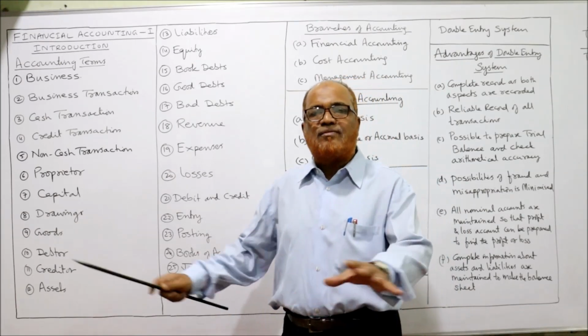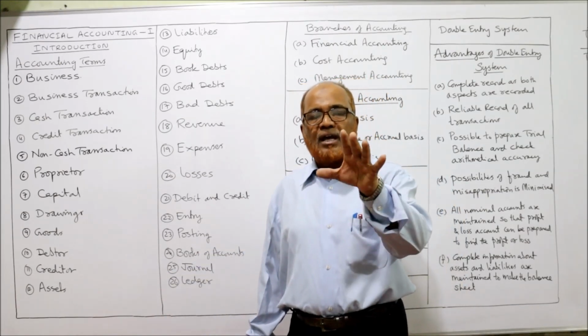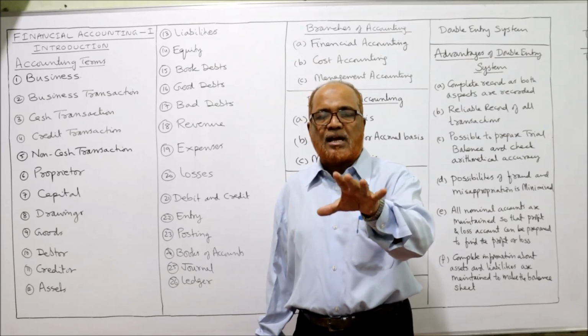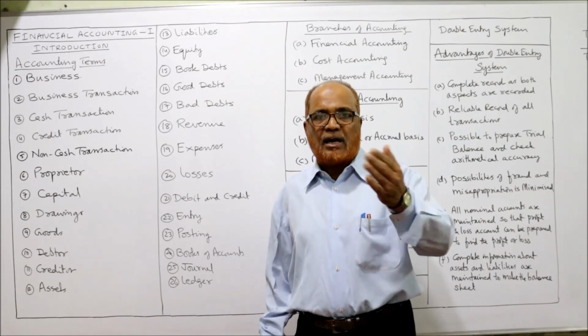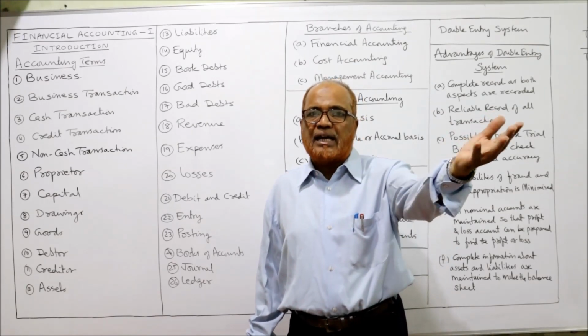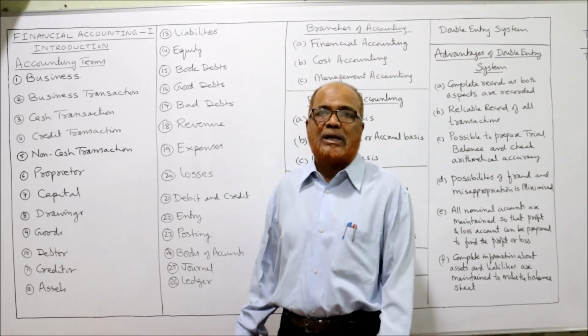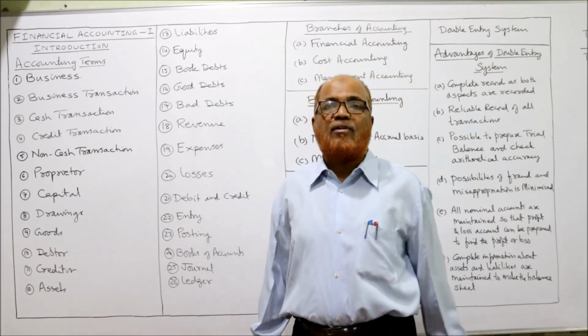Book debts can be classified into good debts and bad debts. Good debts means when the debts are completely recoverable; we are sure that we will definitely get the amount from the debtors. Then bad debts: when the debts become irrecoverable.